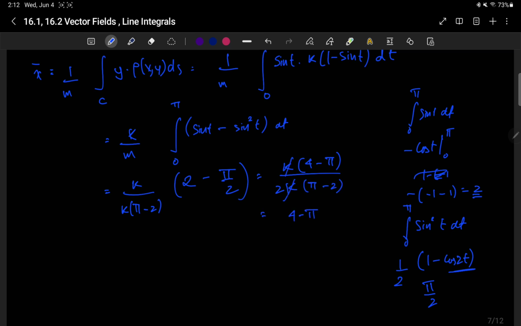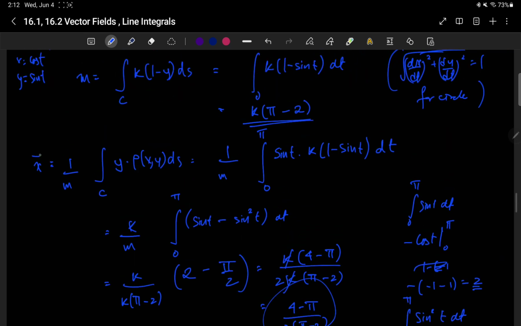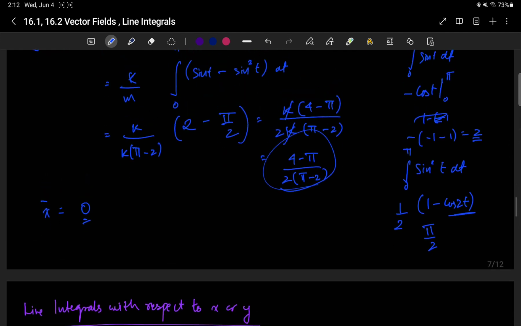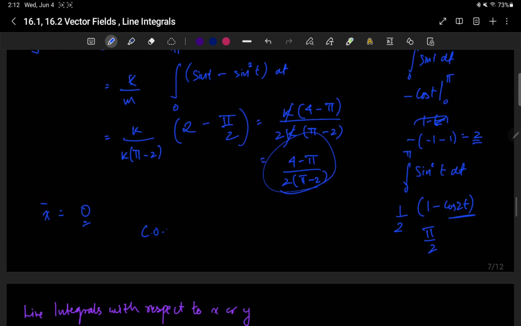So you actually get a numerical value for the y coordinate of the center of mass. And you can find the x coordinate as well, and it will come out to be 0, which will give you the center of mass as 0, (4 minus pi) over 2 times (pi minus 2).